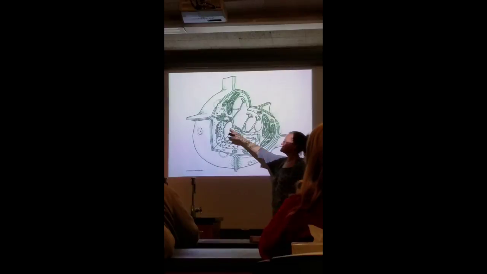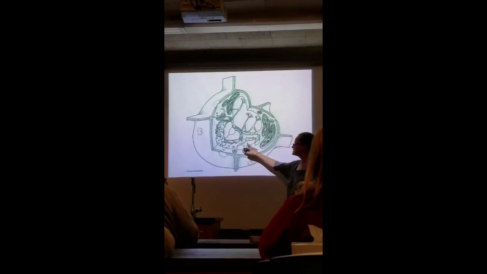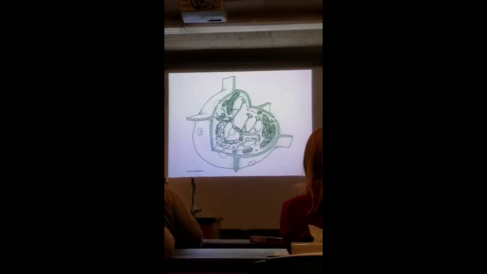And then extensions of that nuclear membrane, this is the rough ER, and it's rough because it has ribosomes. And then this is the smooth ER because it lacks ribosomes. All right, and what are these two structures here also found right here?